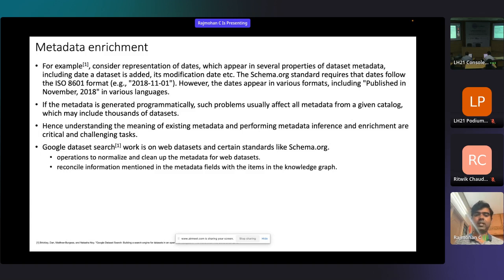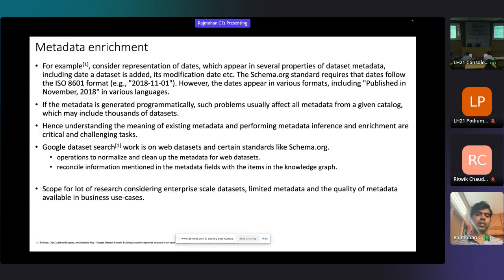They use it to reconcile and then clean the metadata before accepting the final version of a metadata for a given data set. But as I said before, there is scope for a lot of research here considering the enterprise scale data sets, limited metadata available with the data sets, and the quality of metadata, as we have seen in some of the examples, coming in from different sources and different personas. This throws in a lot of challenges in addressing the metadata enrichment problem.